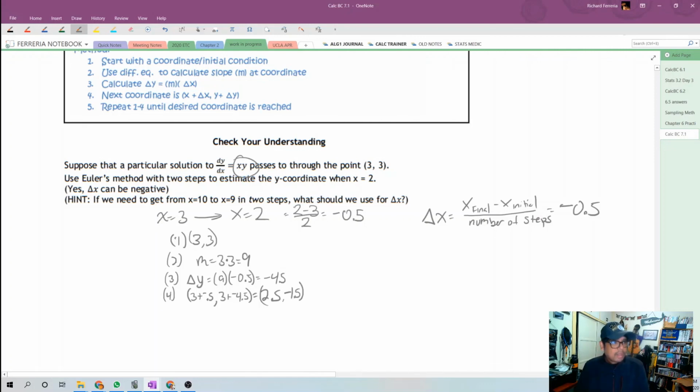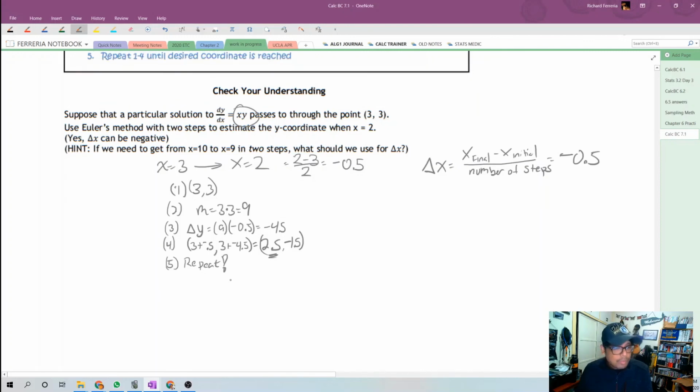Okay, and then repeat, because we're not there yet. We're only at 2.5, and we want to get to x equals 2.